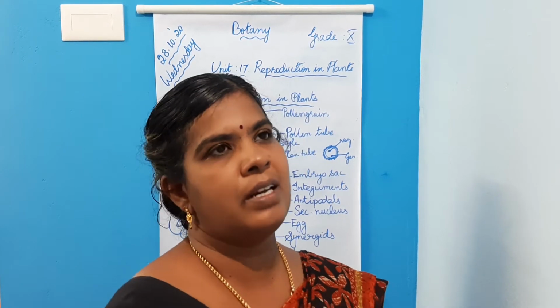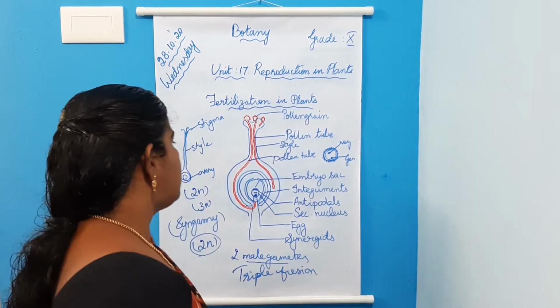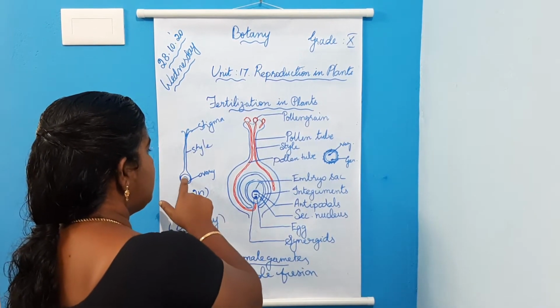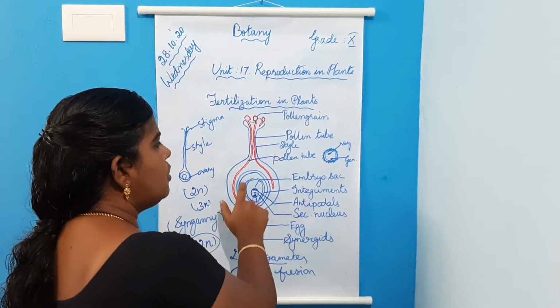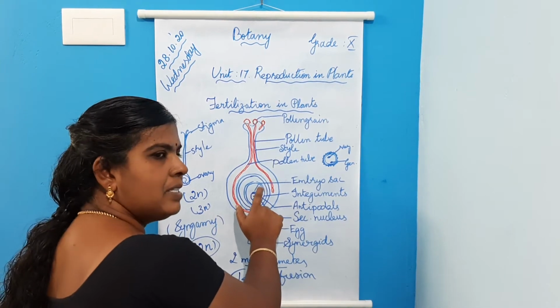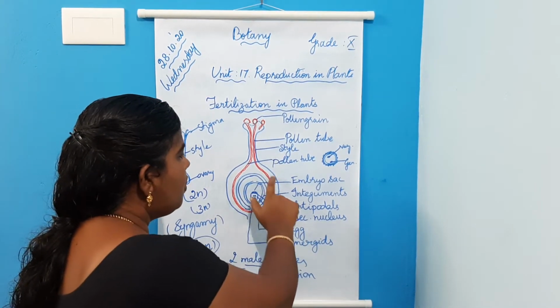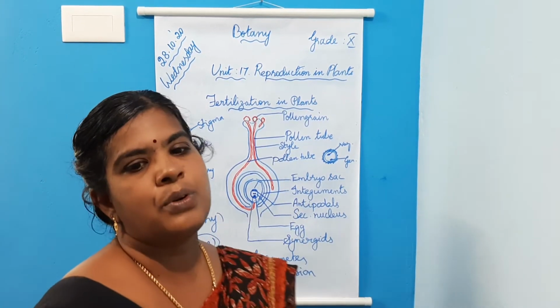Now, what are the post-fertilization changes that take place in the flower? The ovule develops into the seed, the integuments develop into the seed coat, and the ovary turns into fruit.